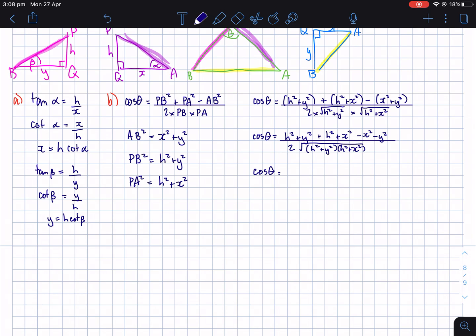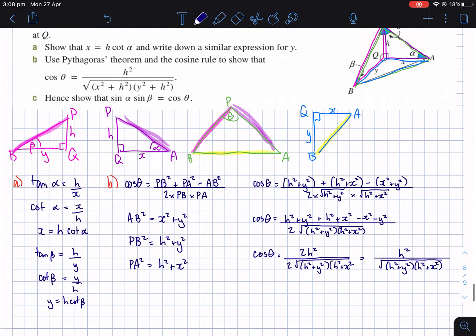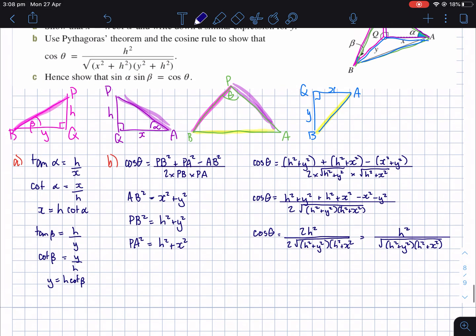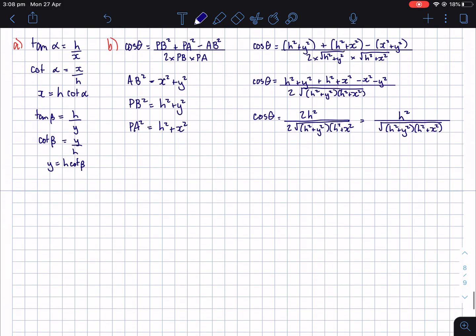Because on the top, the x squareds and y squareds cancel out. So I've got 2h squared over 2 root h squared plus y squared h squared plus x squared, and obviously those 2's cancel out, so I get h squared over the square root of h squared plus y squared h squared plus x squared. And that's cos theta. And hence show that sine alpha sine beta equals cos theta.